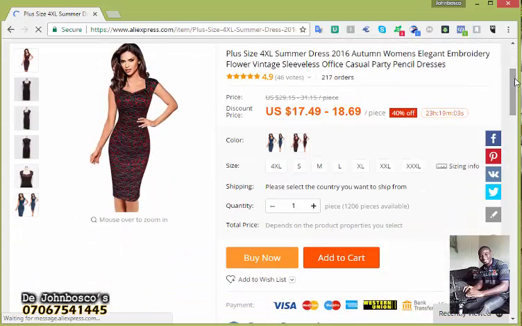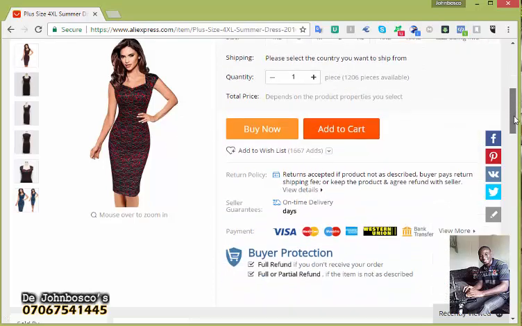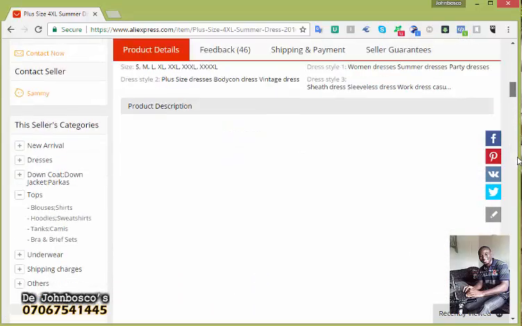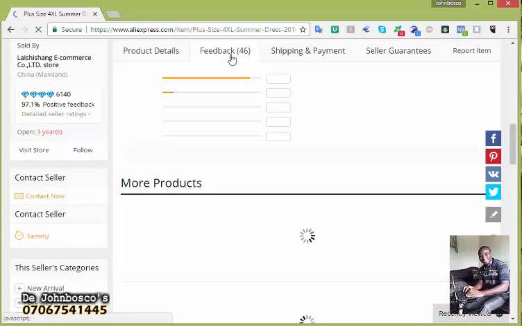One is the price. Two is the available sizes. The next thing I would want to check is the specifications of this item. If I'm okay with the specification, the next thing I would want to know is what's the reaction of the people who have bought this item before.